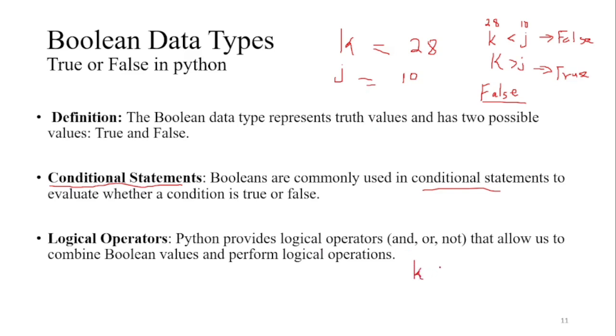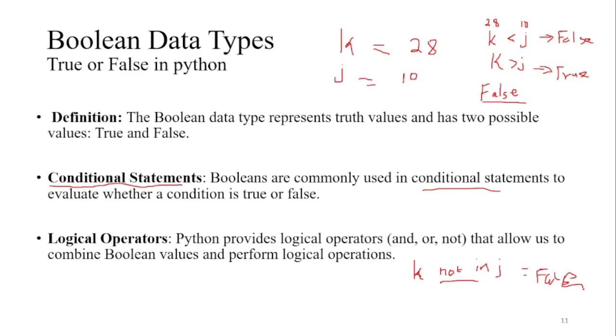For example, K in J. So we are going to check if K is a value in J. We can either get true or false. We don't have 28 in J, so that means we'll get false. That is how we can use the Boolean data types in logical operations.